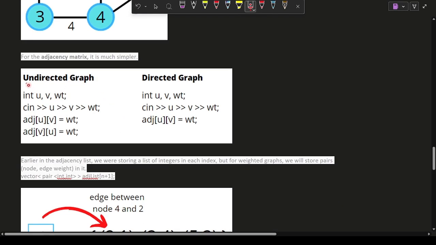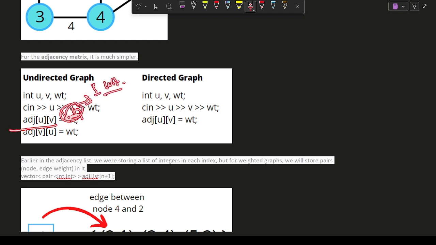Now come to the undirected graph and directed graph. It's similar in matrix form. Take UV. In the previous way, I was taking adjacent UV equal to 1, which represents connected. So 1 represents an edge.